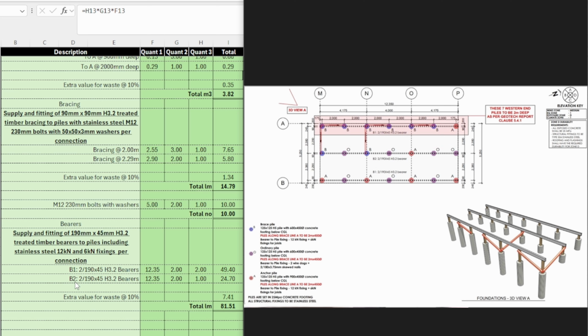And then B2 is the same size product, 2 at 190 by 45 H 3.2 bearers. Again, it's 12.35 and there's 2 of them, but there's only 1 required. So we're only going to go into the middle here. And that gives us a total of 24.7 linear meters. And we add on our wastage and we have a grand total of 81.51 linear meters of 190 by 45 H 3.2.